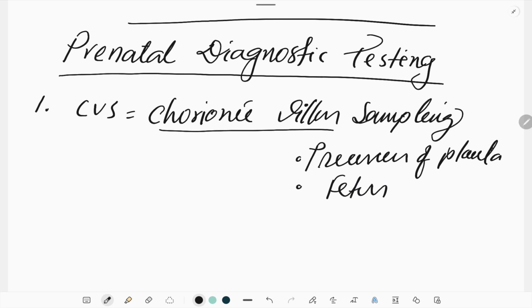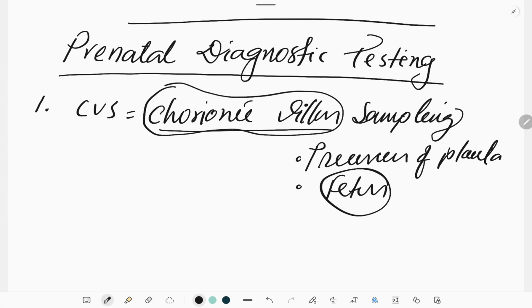So if any chromosomal abnormality of the fetus is there, it can be identified by karyotyping of the chorionic villus tissue.